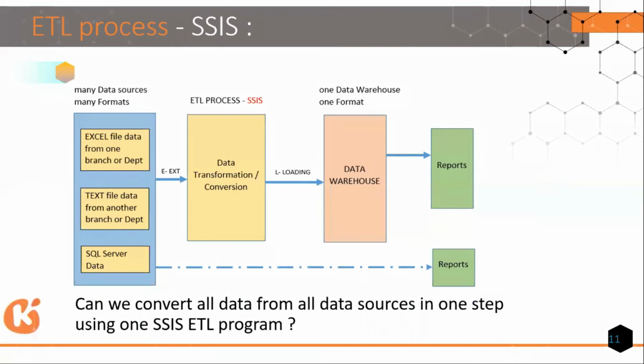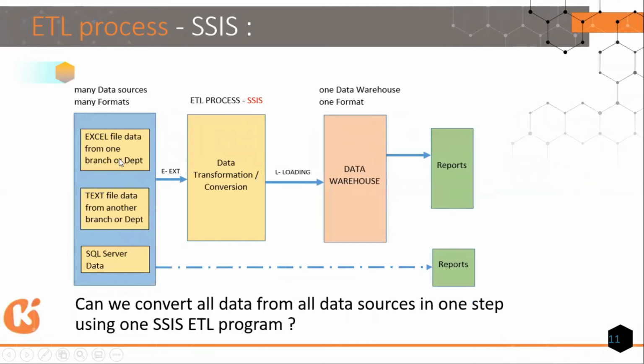This is the diagram of the ETL process, data warehousing. On the left side, you can see different types of sources, like different files and different databases. And we are following the extraction, transformation, and loading ETL process to build a data warehouse.